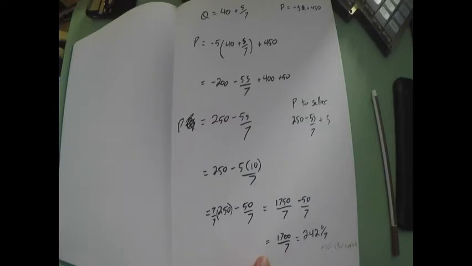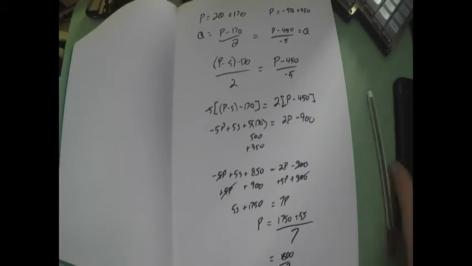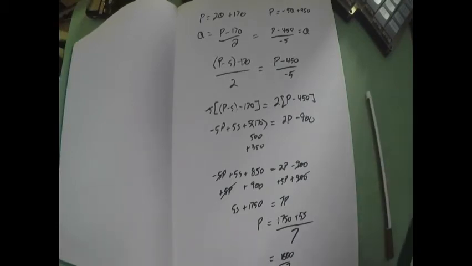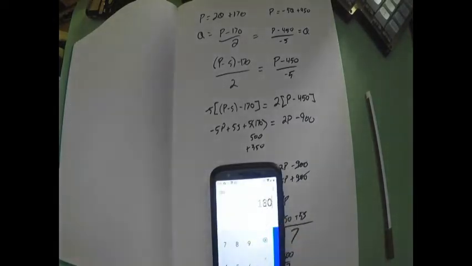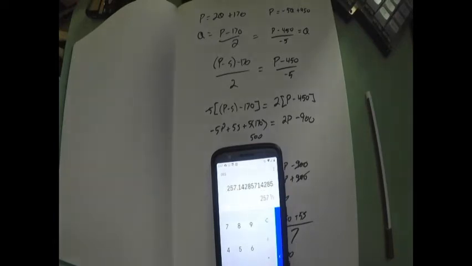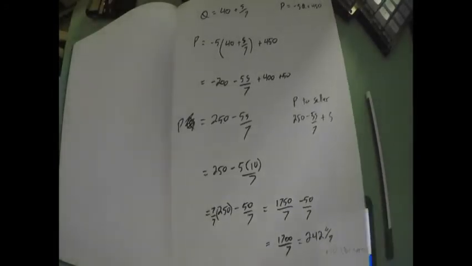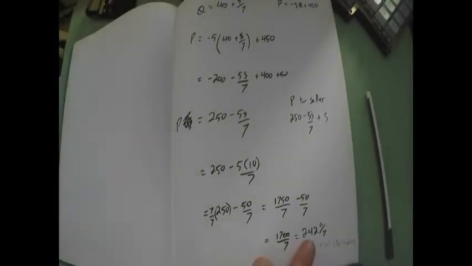Now, this is going to look kind of close to this. 1800 over 7, not divisible by 7. So let's just bring out the calculator. 1800 divided by 7. And we're getting 257.14, so 257 and 1/7 instead of 242 and 6/7.